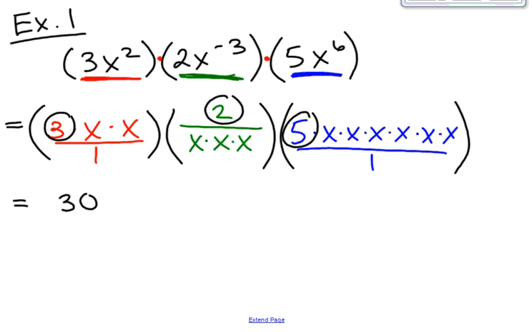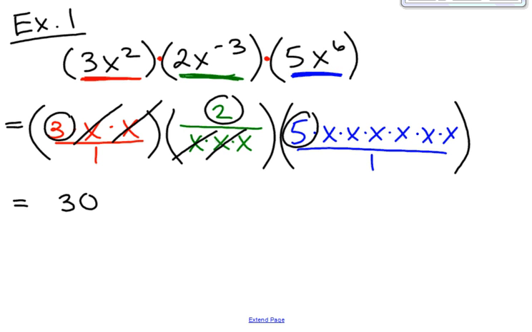Now here's what happens. Remember when you do unit conversions, if you have feet in the numerator and then you have feet in the denominator, they cross out. It's the same thing here. If I see an x up here, then I can cross out another x down here. I can do that again. I see an x up here, I see another x down here.